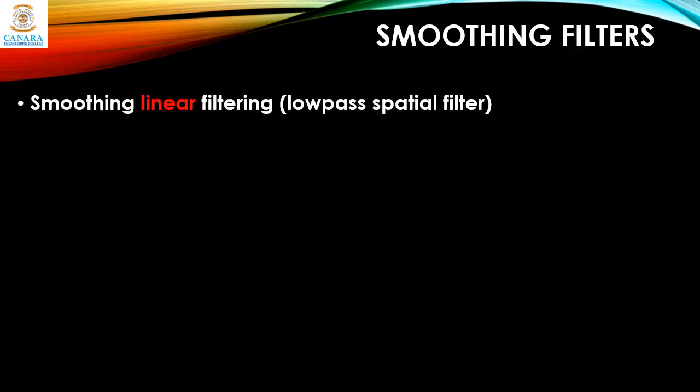Smoothing linear filtering is also called low pass spatial filtering. So this is the filter mask. We already studied this. This is an averaging mask, the moving average filter that we studied. All coefficients are 1, and we divide them by 9.